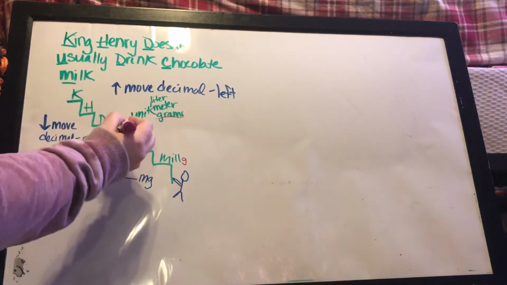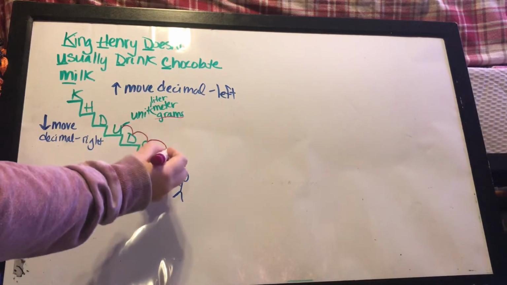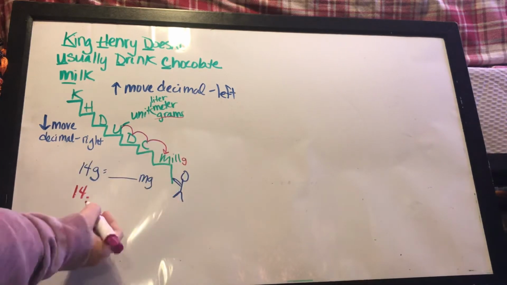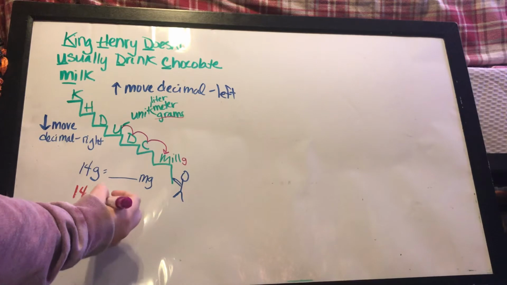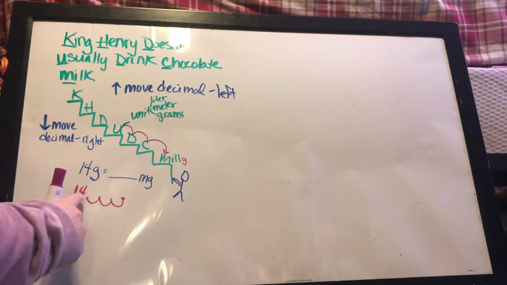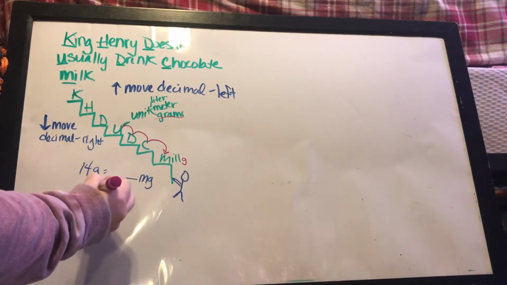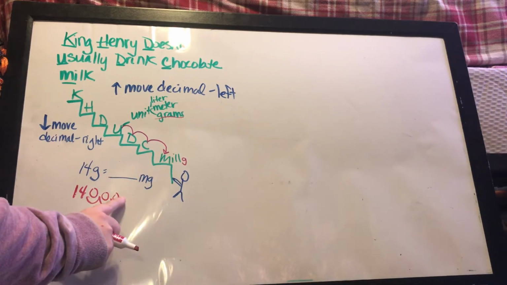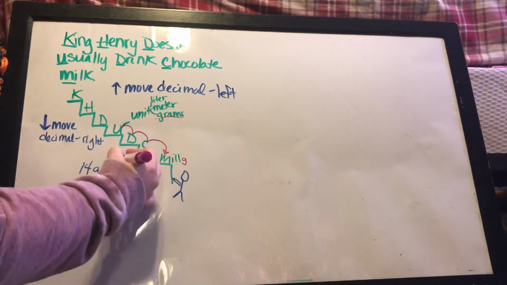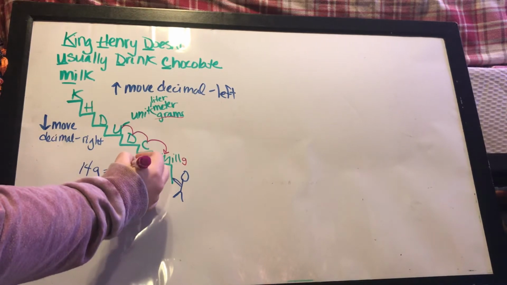So that means I'm going to go down the ladder 1, 2, 3 times. That means I'm going to move this decimal to the right 3 times. 1, 2, 3. And then I'm going to add 3 zeros to the end of my number. So now that my decimal is moved to the very end, my answer becomes 14,000.